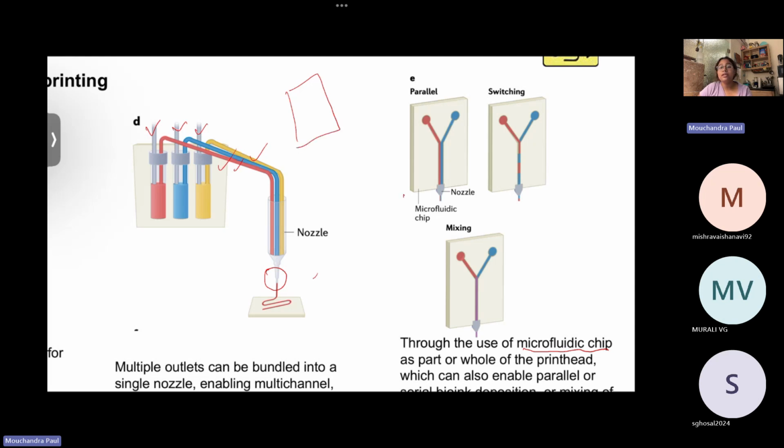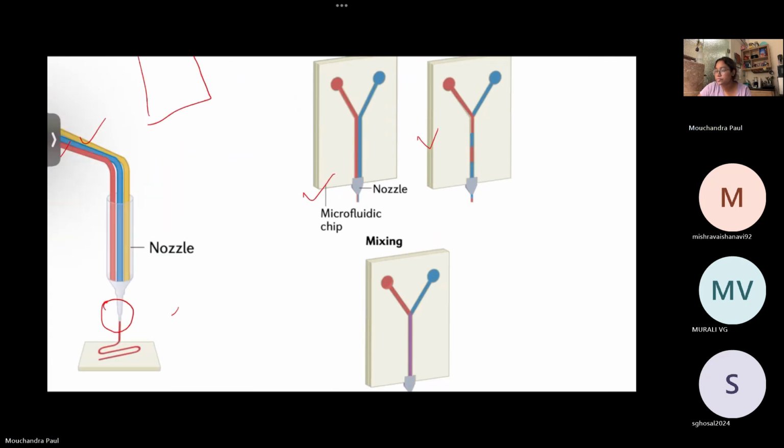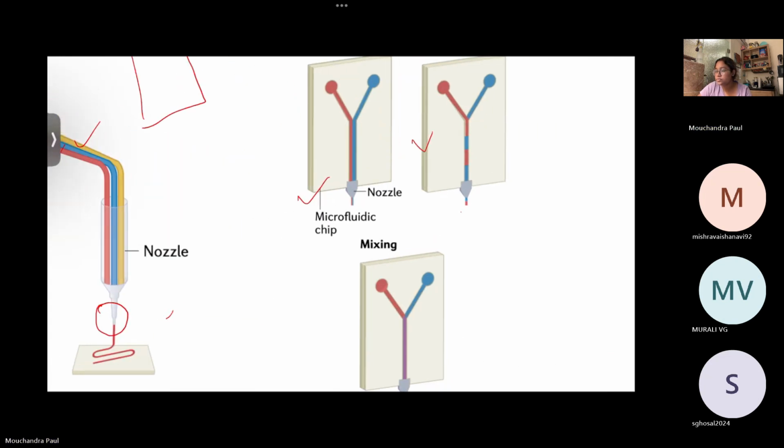So this is called parallel configuration, where two materials are getting extruded in parallel. Then you can use a series configuration, where you are extruding segments of the first material first and then the second material. So the red material is coming first, then blue, and then red, like switching, serial extrusion is happening.